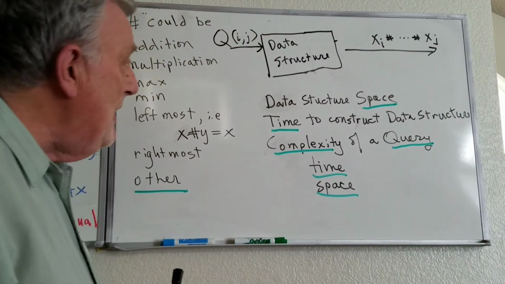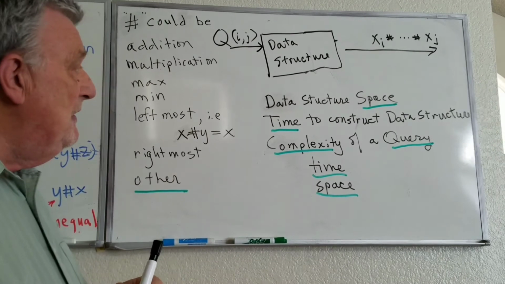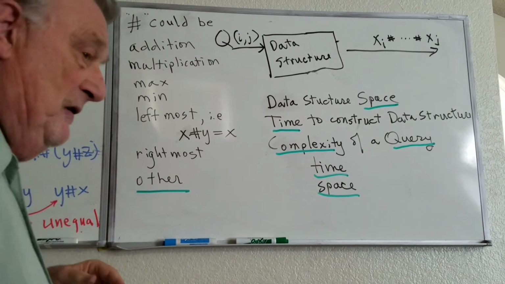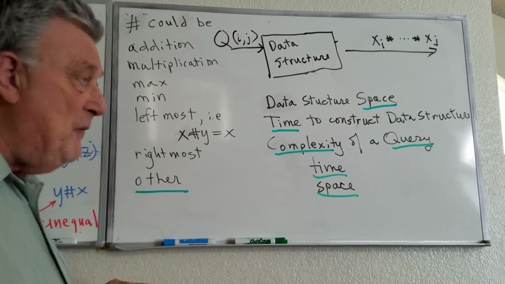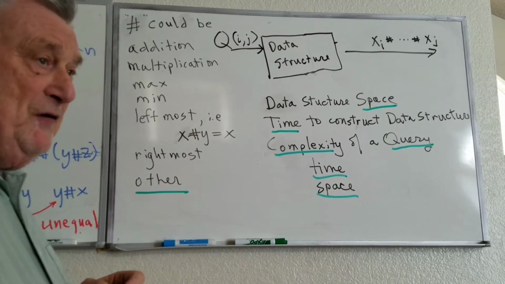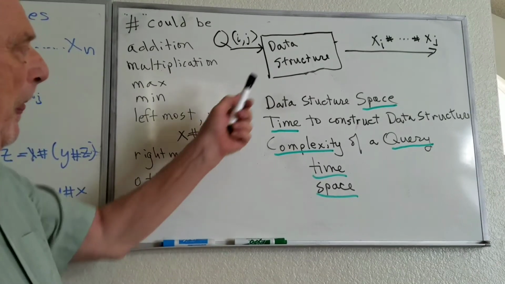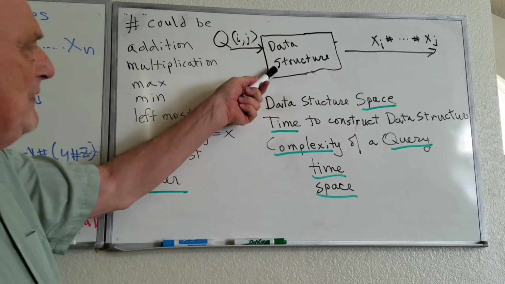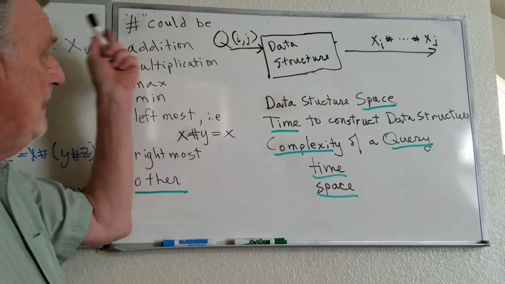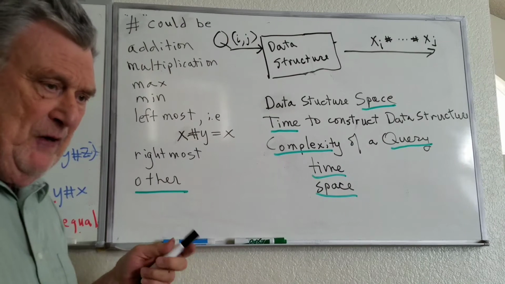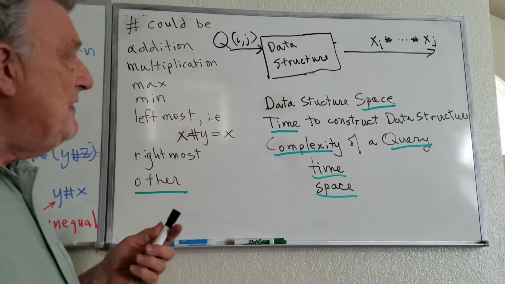Now, we want it to be efficient. Of course, we could just have this array. We could go in and compute the sum. And that turns out, if we're going to do a lot of queries, it's not efficient. In this theory, we're assuming that the array of x's doesn't change very often. So we'll assume it never changes.